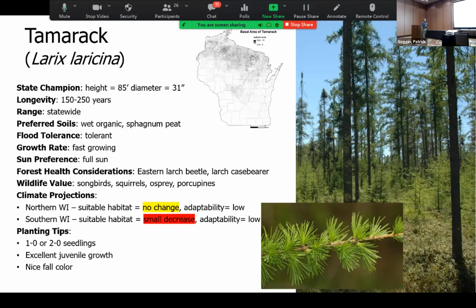If you're planting this species, I have these indicators right here, a 1.0 and 2.0 seedling. What does that mean? So I'm going to give you an idea of what type of reforestation seedling we would typically plant of this. Those are seedlings that we would grow in a reforestation nursery, like our state nursery system.